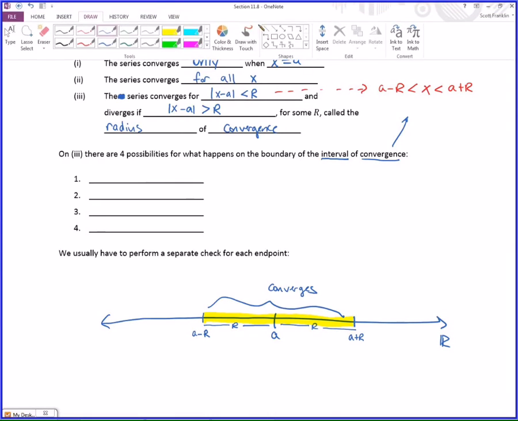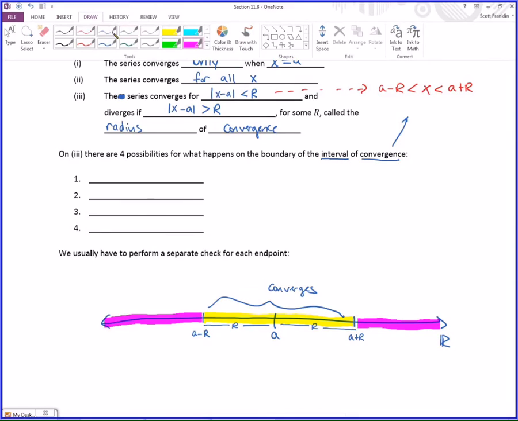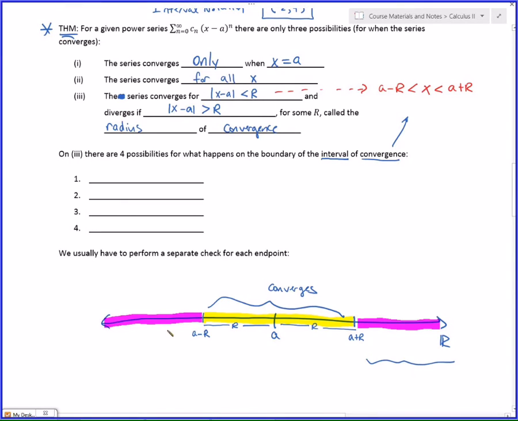And then outside of there, I'll do this in purple, like a red, it doesn't work out there. Outside there, out here and out here, it diverges. So when we're plugging in different values into the power series, something happens out here where it diverges.